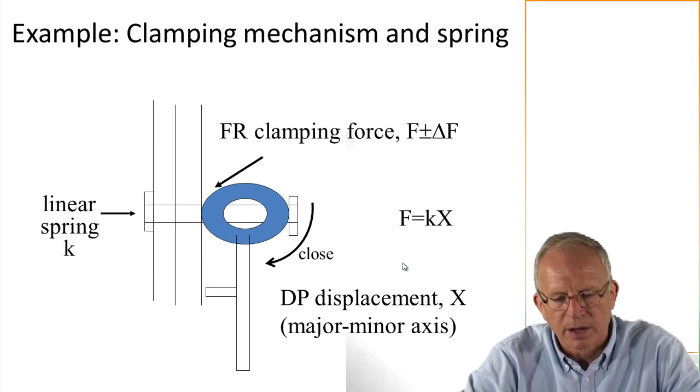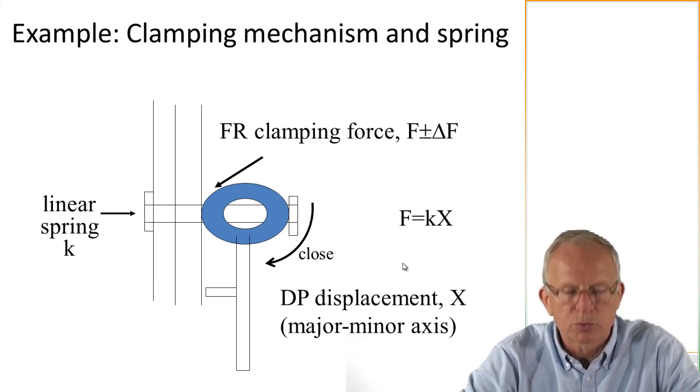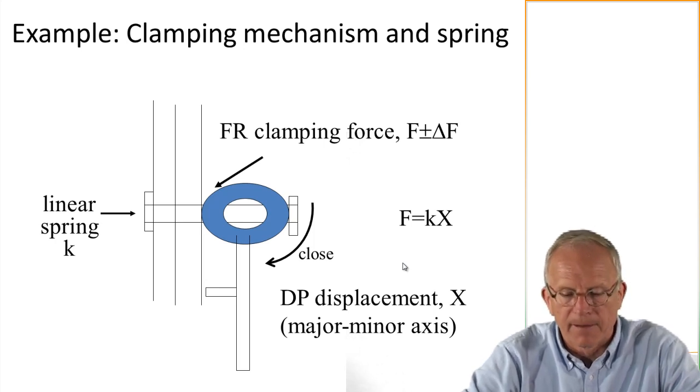And so this is a kind of cam system, which is represented by this oval, and in one position the load is relieved and the 2 plates can slide back and forth. And then in the other position, we've essentially stretched a linear spring, and we've stretched it by the amount of the major minus the minor axis, and we have a displacement x.